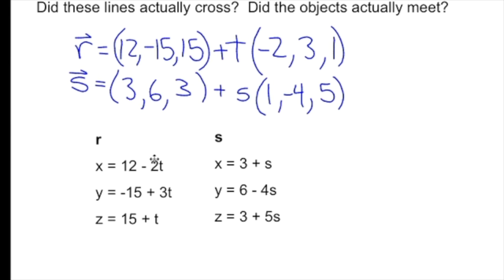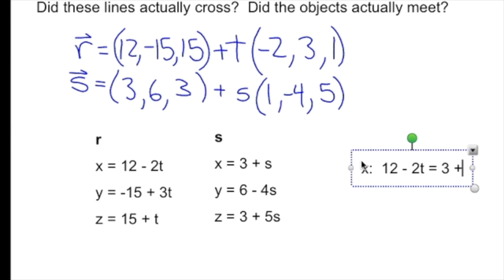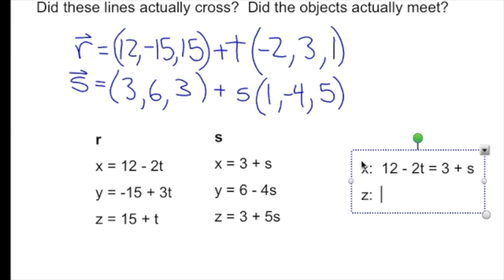So I'm going to actually set up my system using x and z, because since this coefficient's 1, I can get it to cancel out the t's pretty easily. So I'm going to set up my equation using the x parametric equation, so 12 minus 2t equals 3 plus s, and the z parametric equation of 15 plus t equals 3 plus 5s.